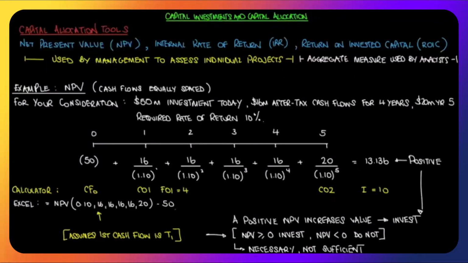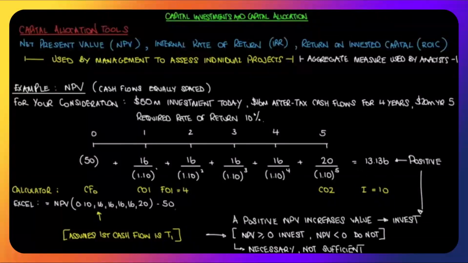Now, the first two, NPV and IRR, they are used by management and the board to assess individual projects. They are dependent on that proprietary information, the non-public information. To calculate NPV and IRR, you need to know in detail accurate forecasts of the amount, timing, and duration of cash flows.